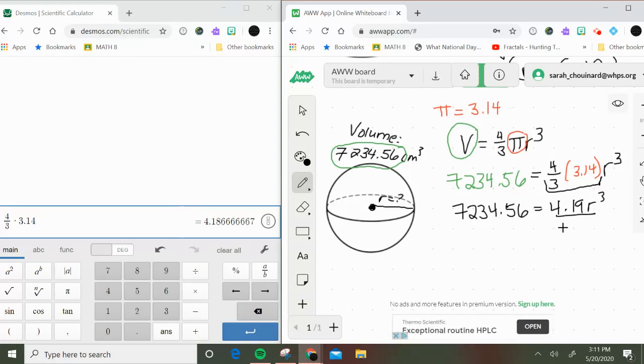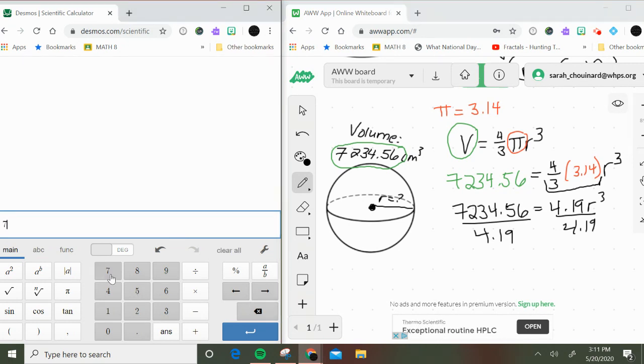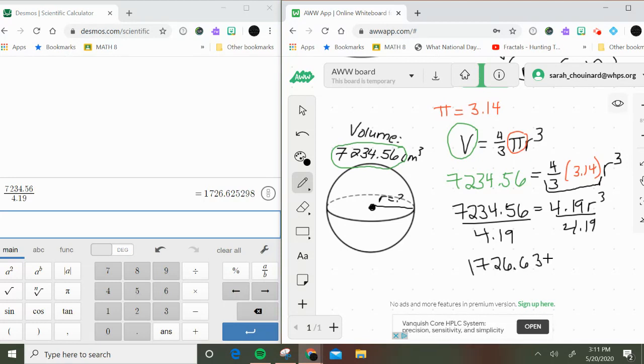So again, that's the coefficient of r. So we're going to divide both sides by 4.19. And let's see what that gives us. So 7,234.56 divided by 4.19, if we round to the nearest hundredth, is 1,726.63. That's not our radius.